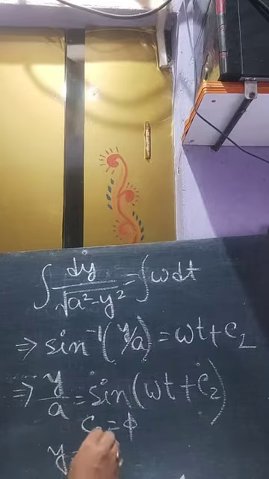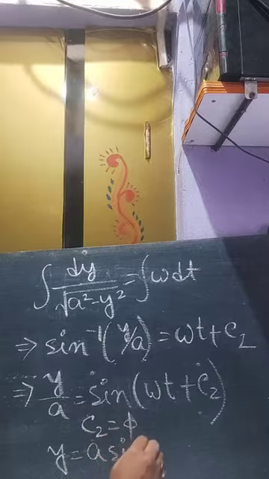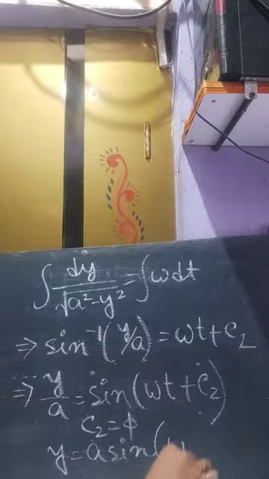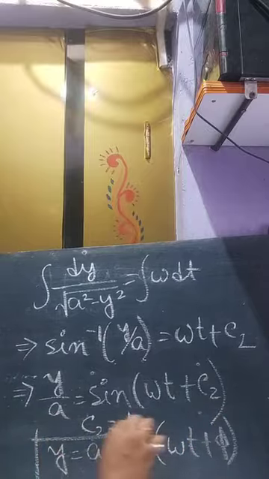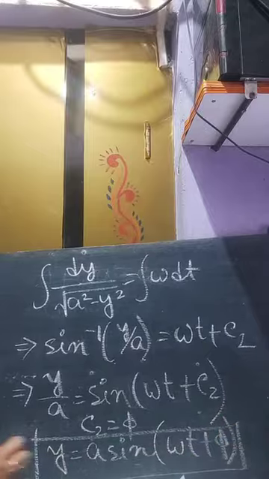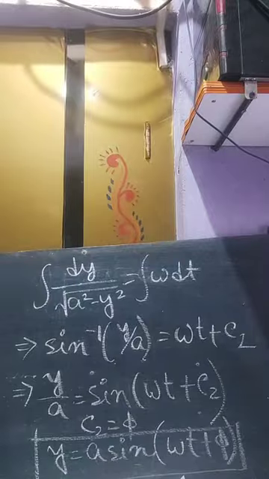So y will be a into sine of omega t plus phi. So it is the original SHM expression which we got previously.